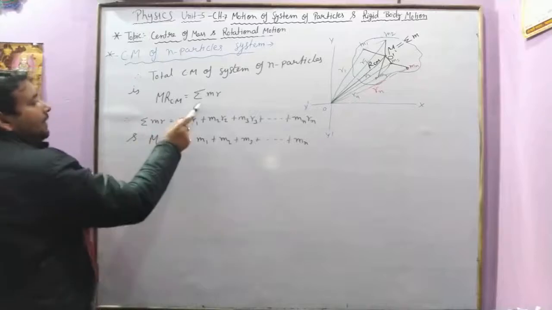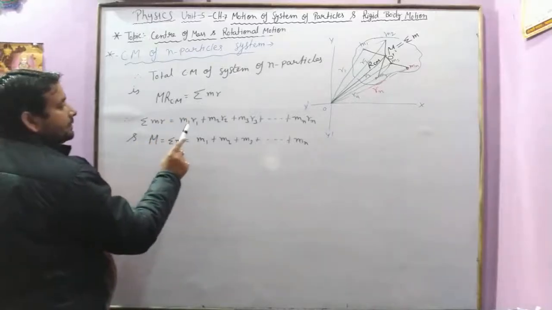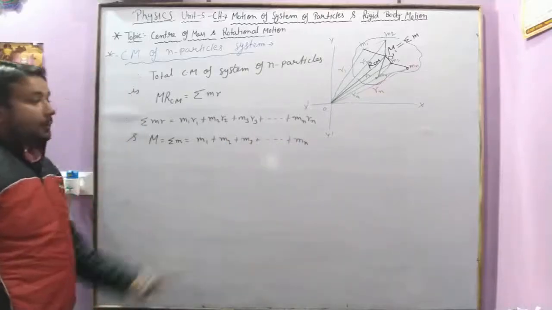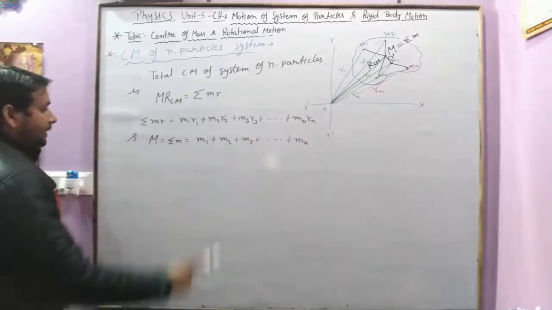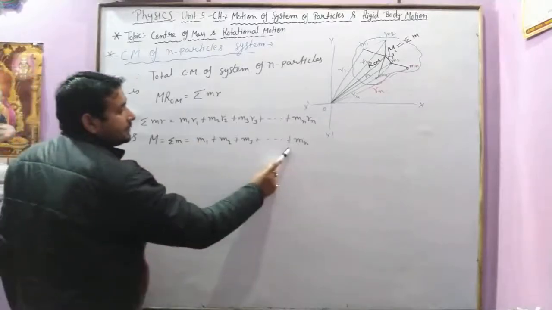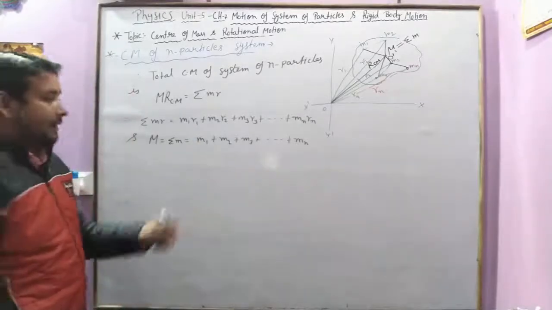Therefore the value of summation mr is m1r1 plus m2r2 up to mnrn. And second, the total mass M is equal to the sum of the masses of n particles.